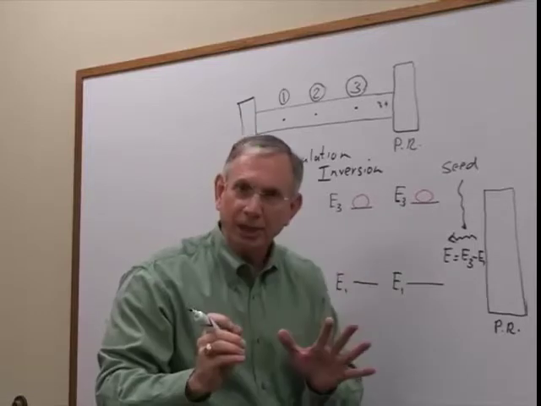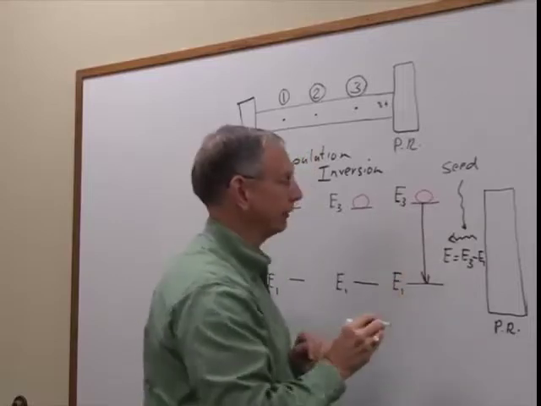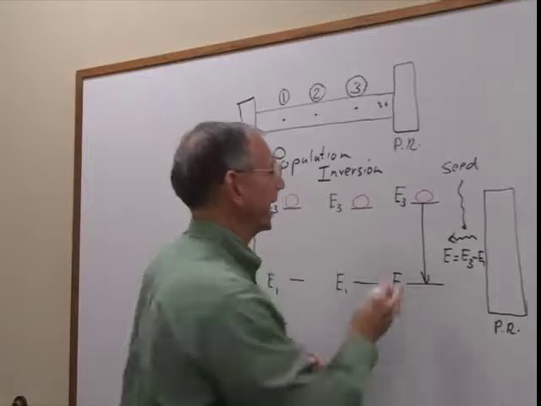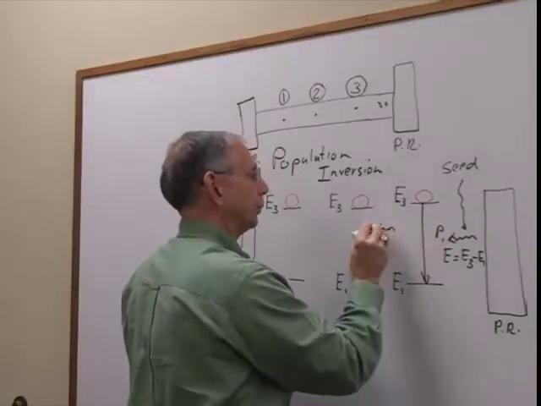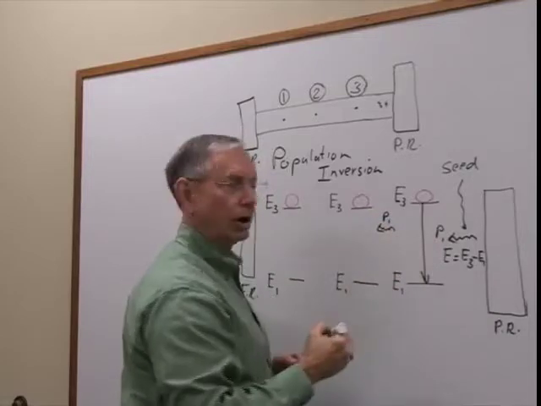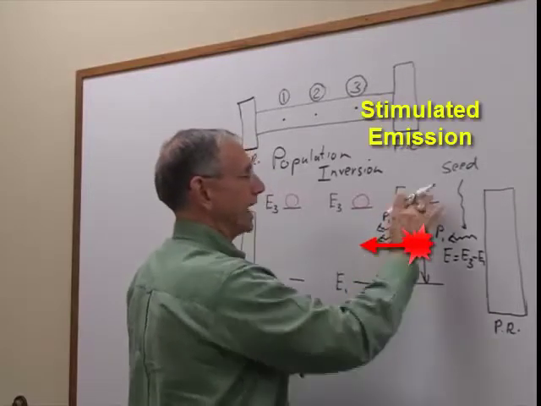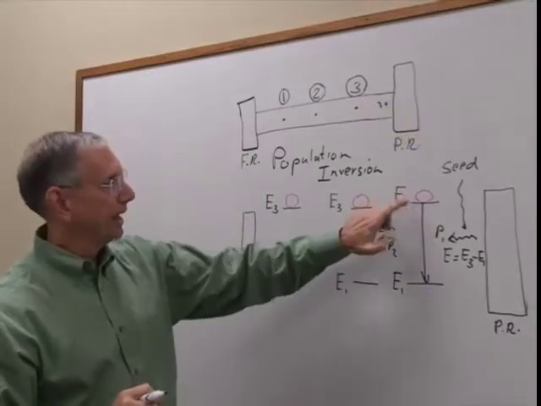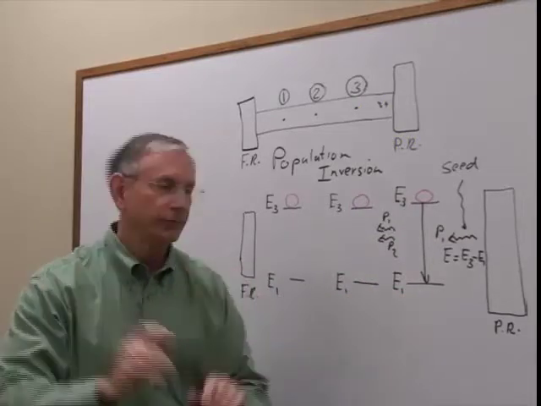It stimulates it to drop to a lower energy level, back down into the E1 level. The result is that if we call this photon 1, we end up with photon 1 coming off in this direction, and we have photon 2, which has been produced by this drop in energy of the atom from E3 to E1.